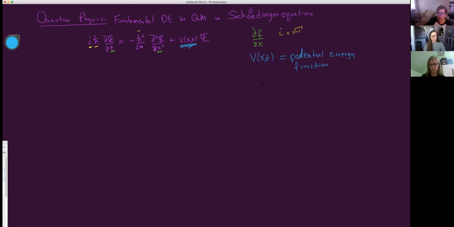In 115, we learned that the forces are proportional to the gradient of a scalar potential, when we had, say, a gravitational potential, or a spring potential energy function, or an electric potential. You can get the forces by taking the gradient of that potential. So it's related to the forces. It's just in a different formulation, the formulation that has to do with energy instead of forces.